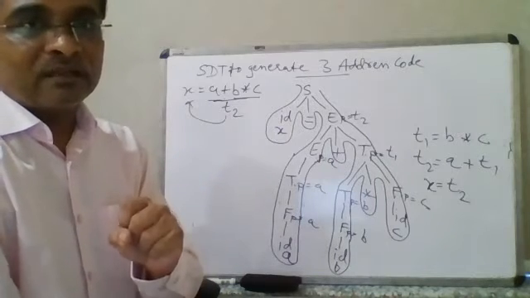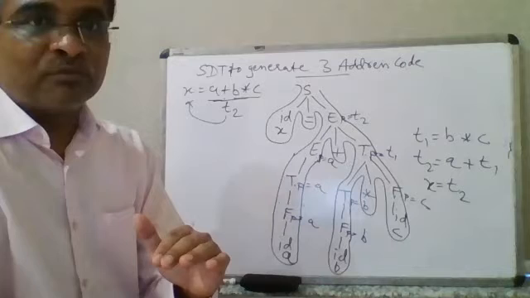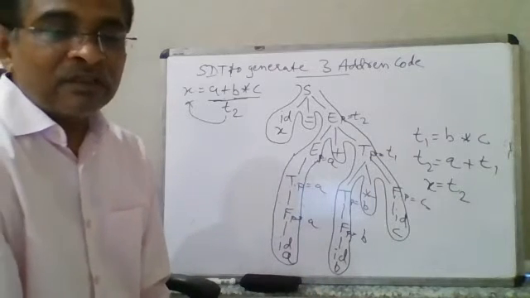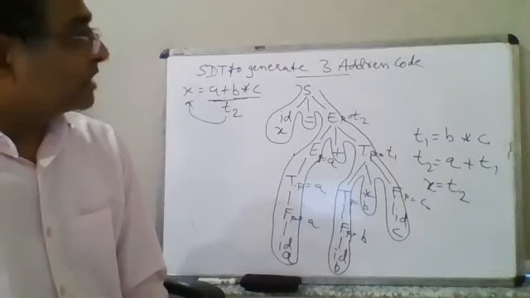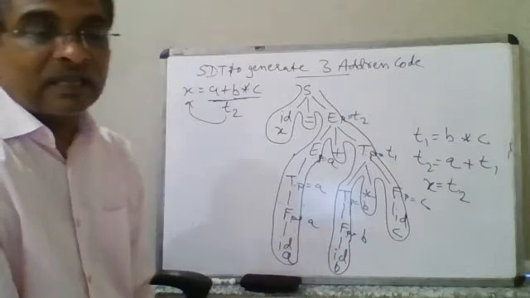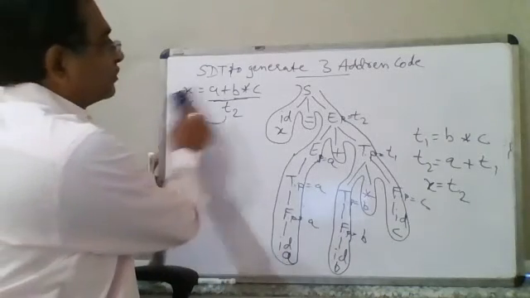So both ways the possibility could be there. Either the value could be available from the parents, or maybe from the siblings also it could get the value. So based upon this, there has been a classification of SDT into two types. One is known as S attributed SDT, and another is L attributed SDT. So now we will discuss these S attributed and L attributed SDTs.